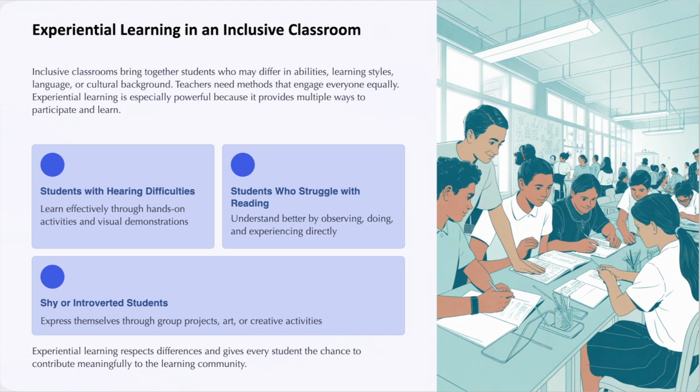Experiential learning is especially useful because it provides multiple ways to participate and learn. For example, a student with hearing difficulties can learn by performing hands-on activities. Another example, a student who struggles with reading can understand better by observing or doing. Students who are shy can express themselves through group projects or art-based activities. In other words, experiential learning respects differences and gives every student the chance to contribute meaningfully.